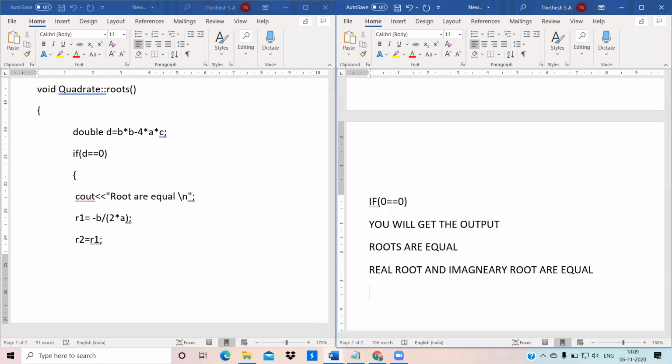So how are you going to find the root then? If the roots are equal, then R1 is equal to minus b divided by 2 into a.